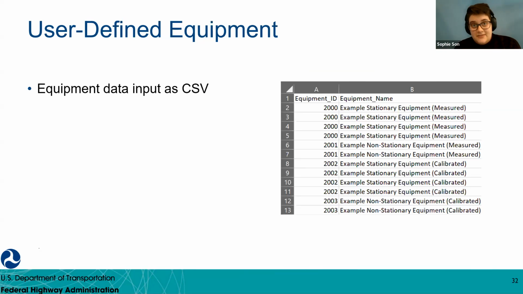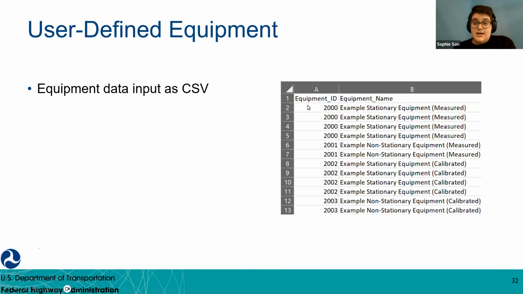It's pretty much representative of that one equipment object in that one project site, and that may differ from what's going on in your projects. If you have the measured data available, it'd be great to take advantage of the user-defined equipment so you're more accurately representing what's going on in your project.